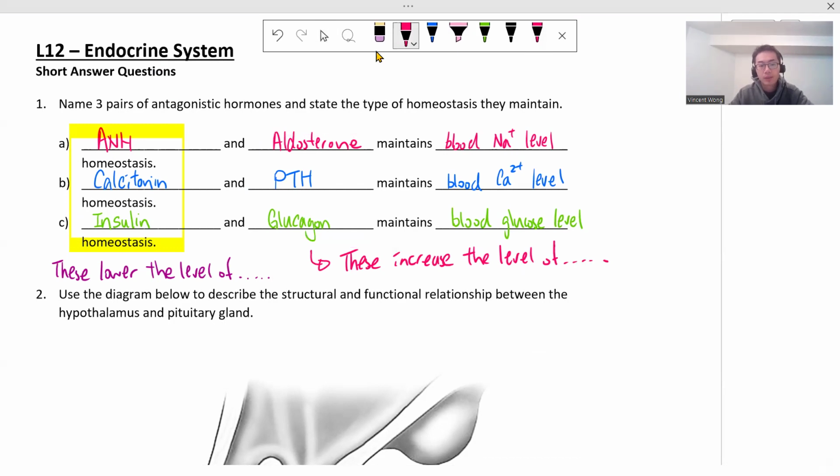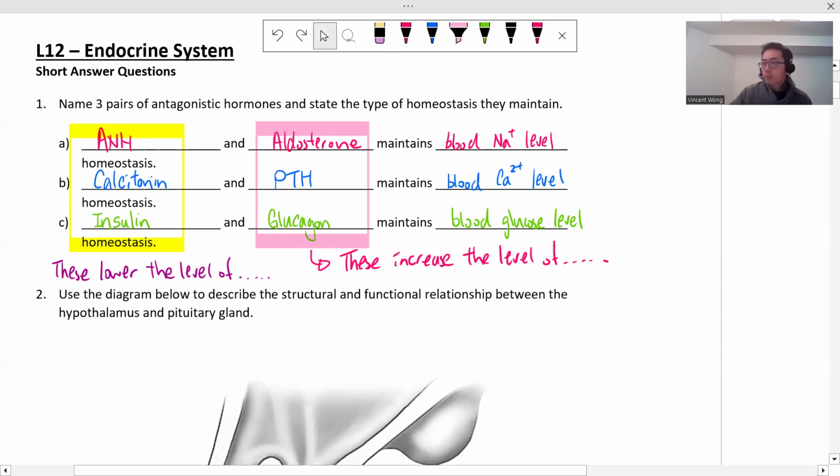So aldosterone will increase the level of sodium, PTH will increase the level of calcium in the blood, and glucagon will increase the level of glucose in the blood. Okay, so again, if you try to memorize it, if you try to group them together like this, it might make it easier for you to remember. Any questions? Okay.